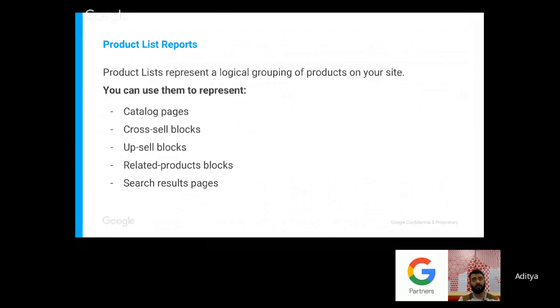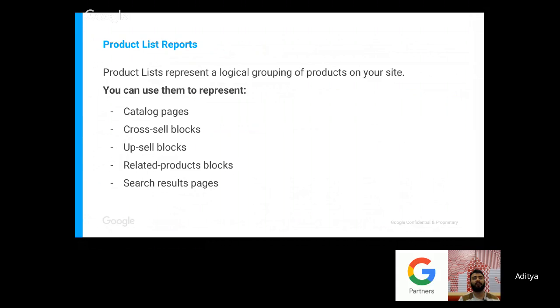Related product blocks. So a lot of e-commerce websites, when you go to the product page and scroll to the bottom of the page, you can see a lot of related products there. That could be defined as a list. Even the search results pages can be defined as a list.